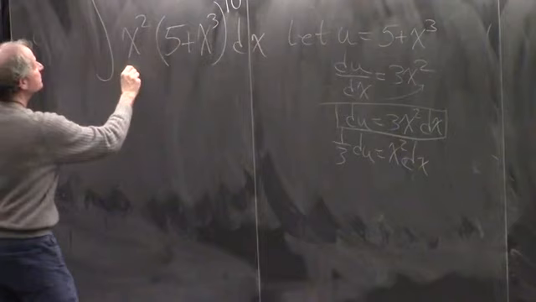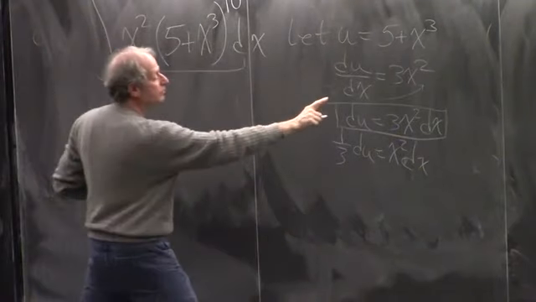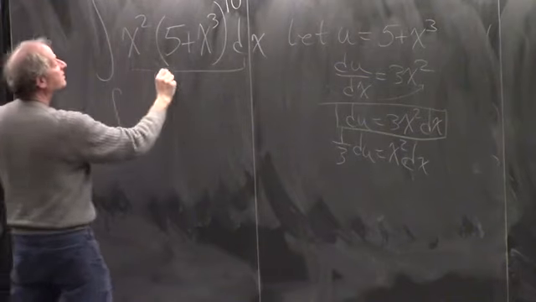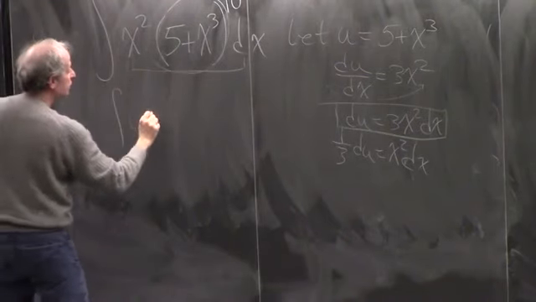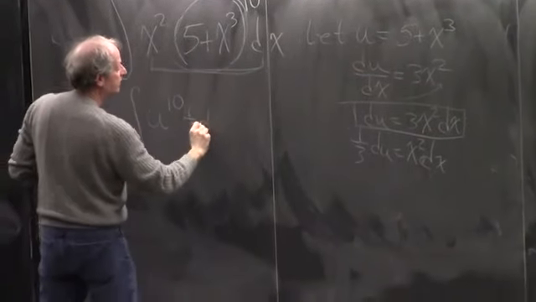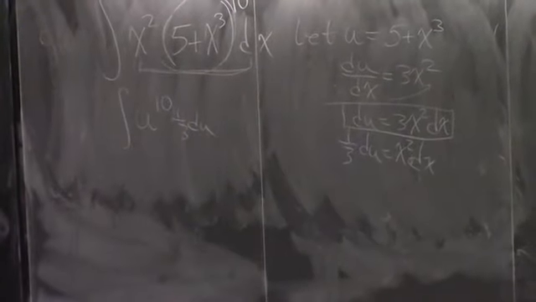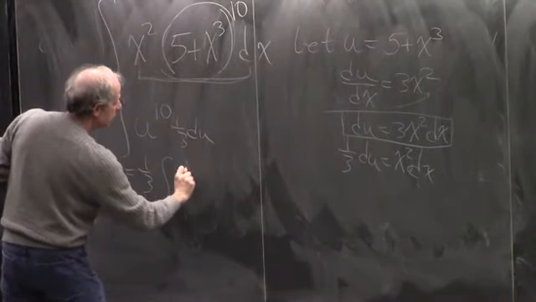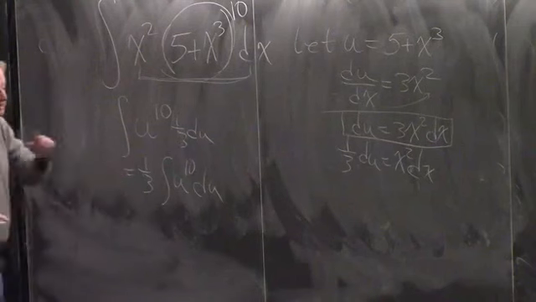But I only want to substitute for x squared dx. So if I move the 3 to the other side, now I can say this is u to the 10th, and this is 1/3 du. Pull the 1/3 out. And that's an easy integral.